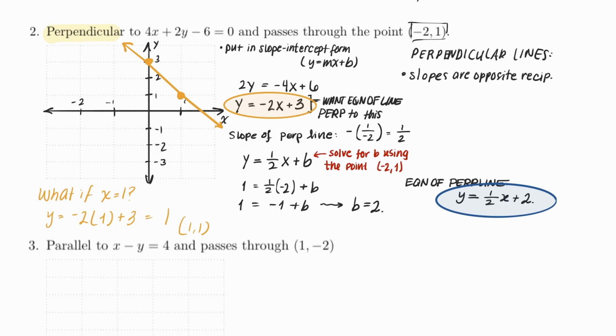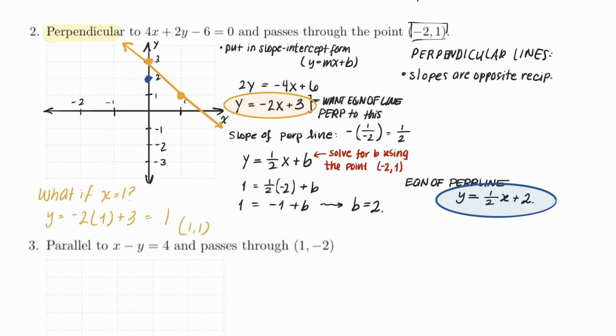Finally, for y equals 1/2 x plus 2, my y-intercept is 2. And I can do the same thing here. I can either do the rise over run thing that we did in class, or I can plug in x equals something and try to figure out what the coordinate of the point is going to be.